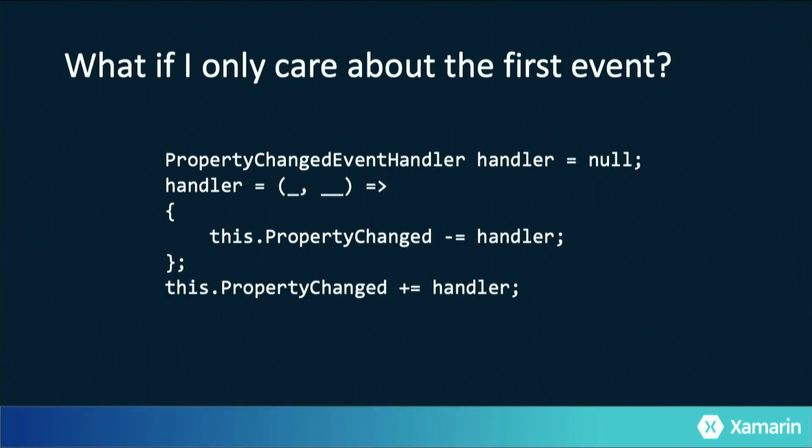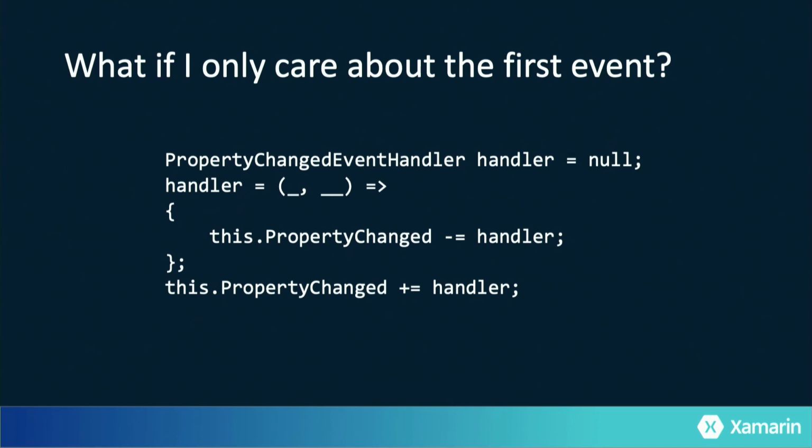I mean, let's say you only care about a single event, for example. Like we've all written this code, right? Where if you want to unsubscribe from something, you only want it to fire once. So let's say like an appearing page or something of that nature, right? You have to have the reference at top so that the closure inside has access to it.